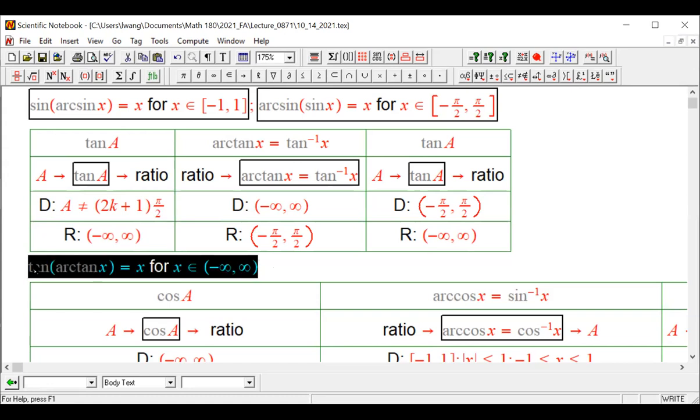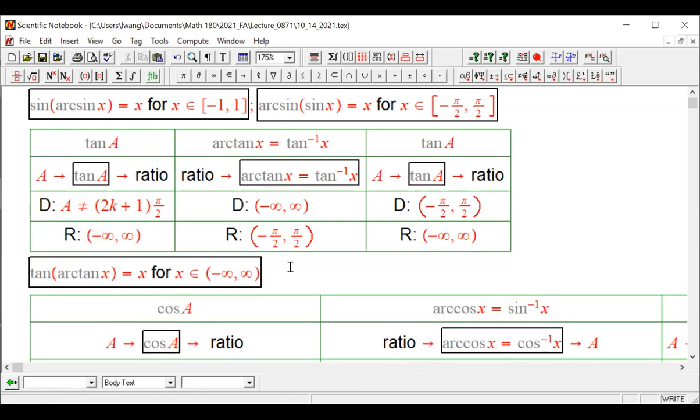The next one is arctan of tan of x. Here x now has a different meaning, it's an angle.